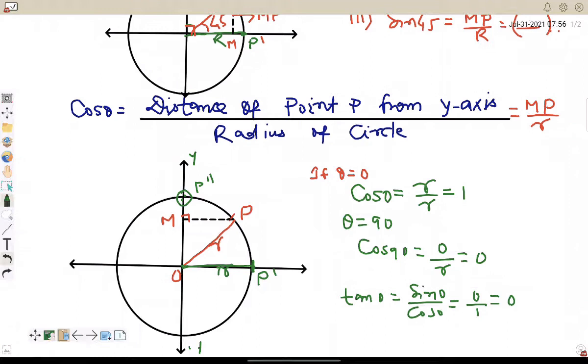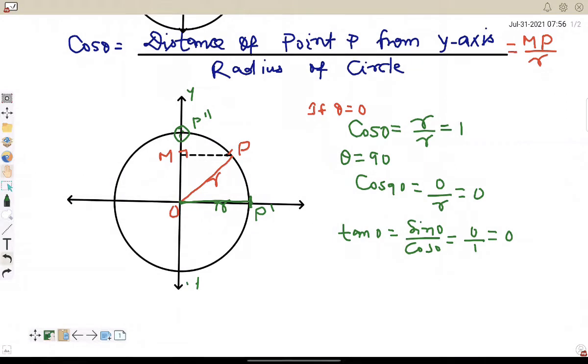Listen, if you want to find the value of cos 180, you can easily find it. Just consider P lies here. So this complete angle is 180. This time our theta is equal to 180. So what is the value of cos 180? Cos 180 is equal to, this time this complete angle is 180 and this distance we are taking in the negative direction.